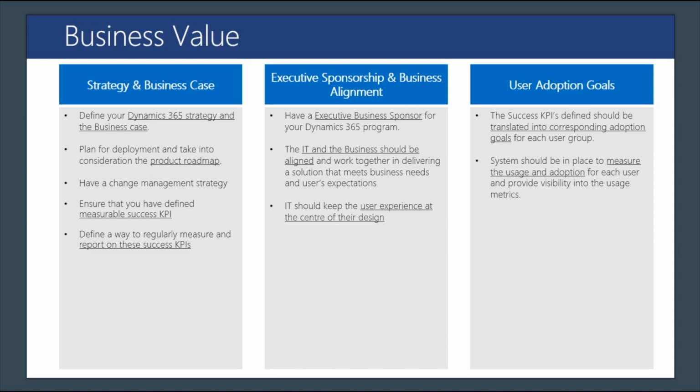That plays a big role in aligning IT and business, because usually business just gives the requirements, saying I have this process, implement it, go live with it. So IT just takes the requirements and works with them, and all the focus is on meeting those requirements. But the bigger picture is that IT and business should work together in delivering a system that meets the end user's expectations.